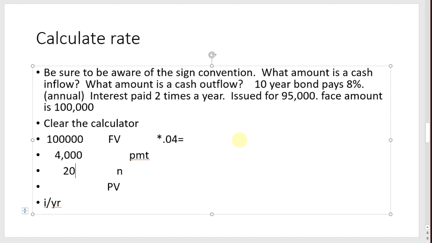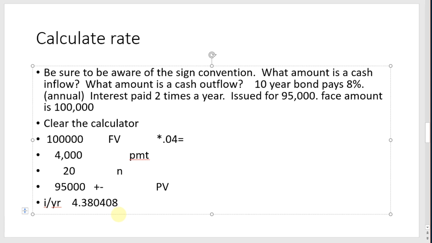So we have 20 interest periods, so I'm going to go 20 and hit N. And then I'm going to key in 95,000. And then we're going to hit that little plus-minus button. That makes it an outflow. And then we're going to hit present value. Now, as soon as you hit interest per year, your calculator is going to calculate the market rate or yield on this bond. And what we have is 4.380408.